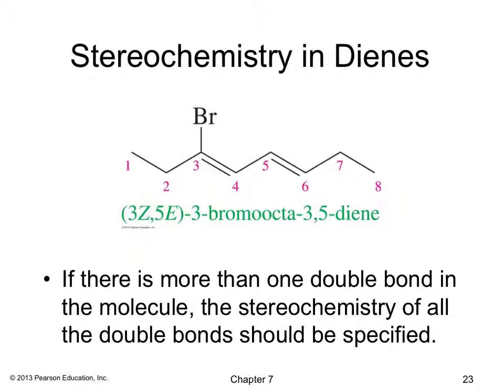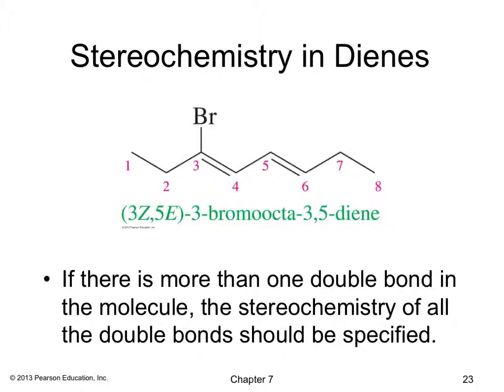So then this would be 3-bromo-octa-3,5-diene, and then to figure out whether it's E or Z. If we look at this half of the double bond, you have bromo and the carbon being on the same side, so that would be 3Z, right?